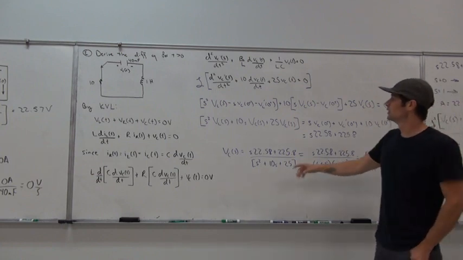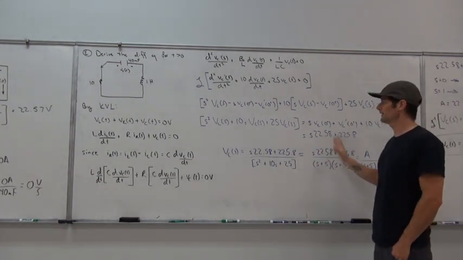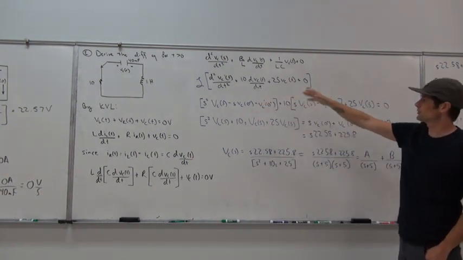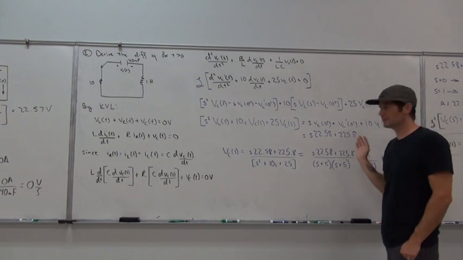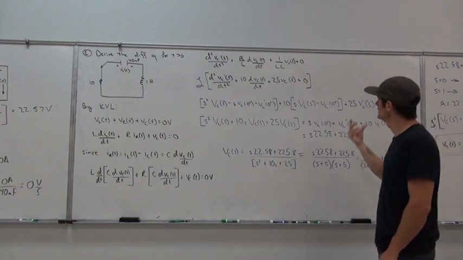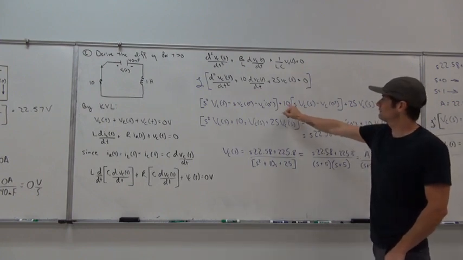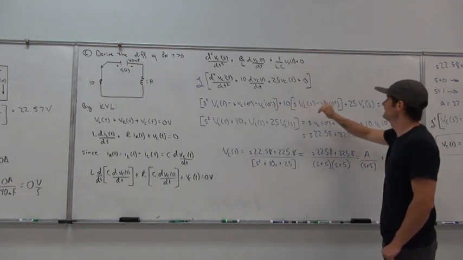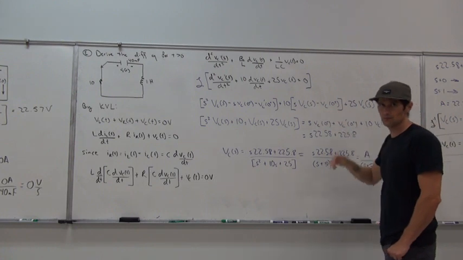Now be careful. Once we combine like terms of VC of s on the left and move the initial condition portions over to the right-hand side because they're constants, we have to make sure that we multiply through 10 times s VC of s, and 10 times negative VC of 0 plus.